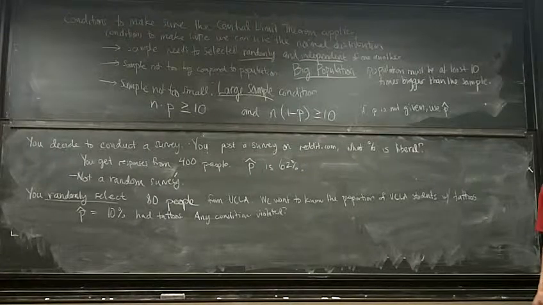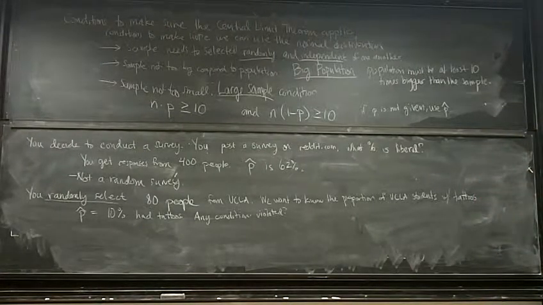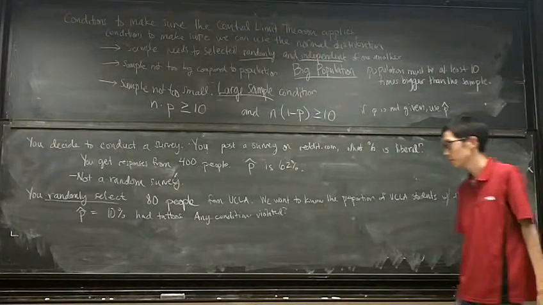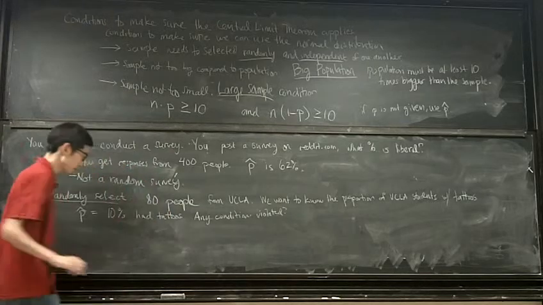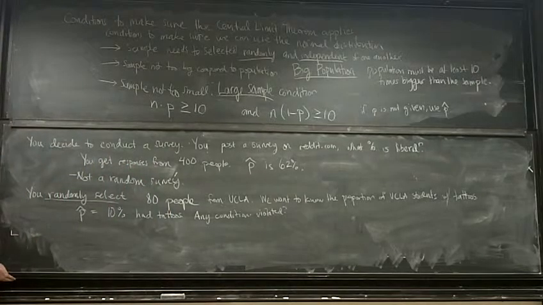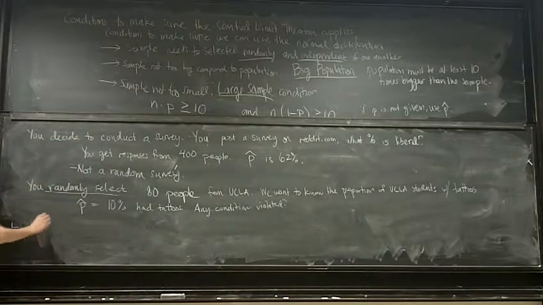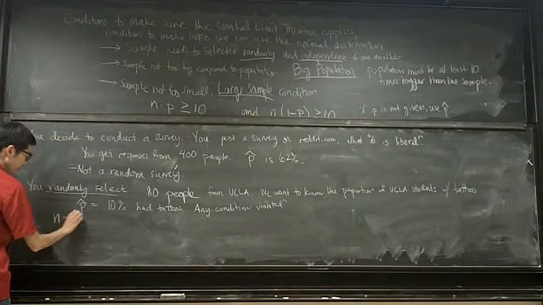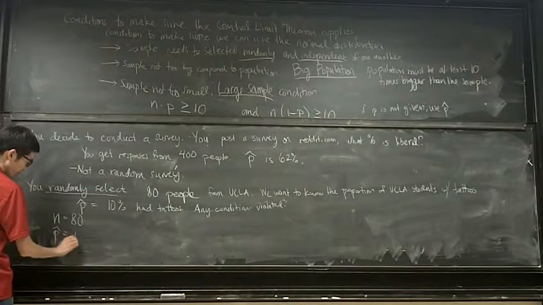So the big population is 80? Like the full population is 80 people, or is it UCLA students? 80 people is my sample. So what is my n? My n is 80, and I don't have p, but I've got p hat. P hat is 10%, so 0.1.